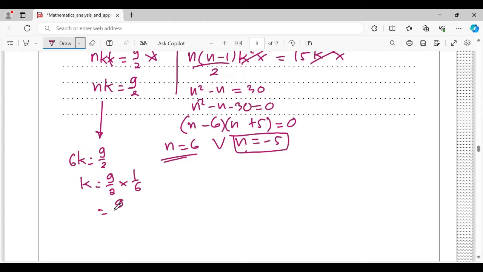It is 9 over 12, sorry, 9 over 12. Simplify, divided by 3 equals 3 over 4. So n equals 6 and k equals 3 over 4.